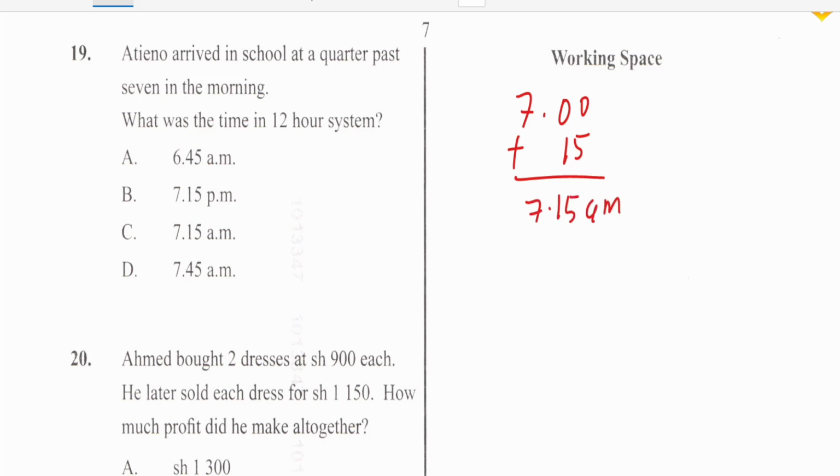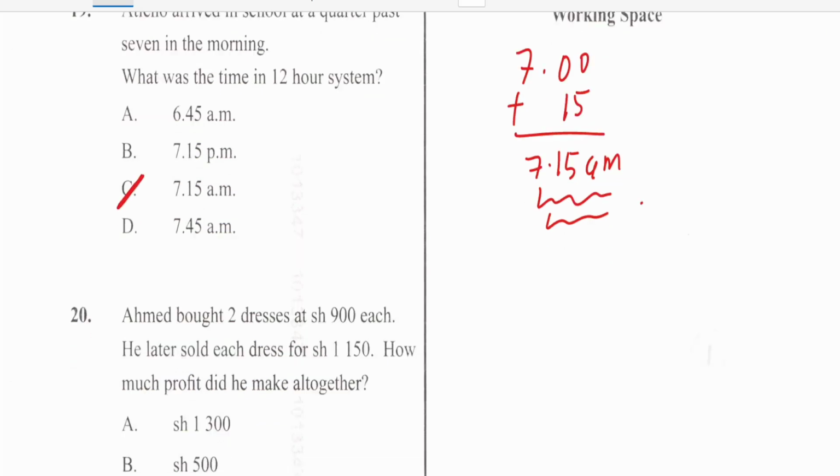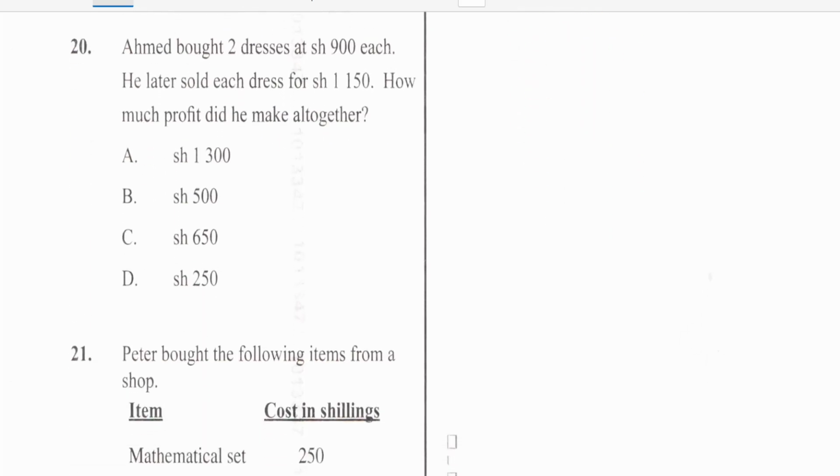So 7:15 a.m. For the a.m. part, you just leave it the way it is, but you just add 07, so it becomes 07:15 hours. No, not 24 hours, I didn't read the question well. It's supposed to be 12-hour system. Then if it is 12-hour system, it is therefore 7:15 a.m. So yeah, 7:15.